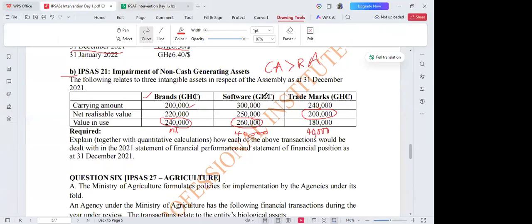When we go to software, bear in mind that our net realizable value was 260, and after impairment the new value is your recoverable amount, which is 260,000. Or you just pick the current amount of the asset, which is 300 minus 40,000. That should still give you 260,000.